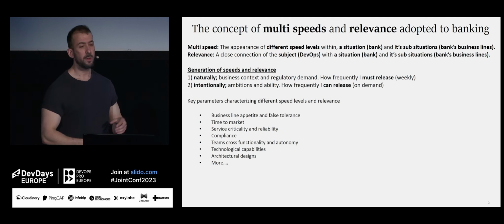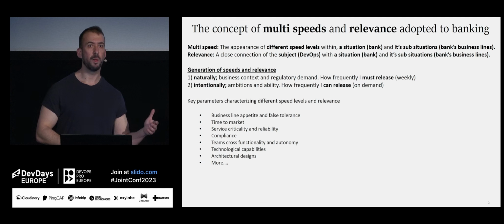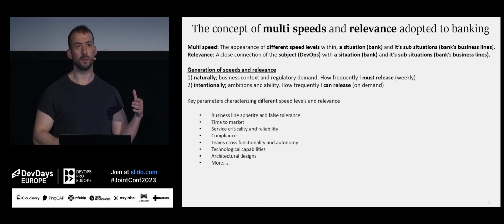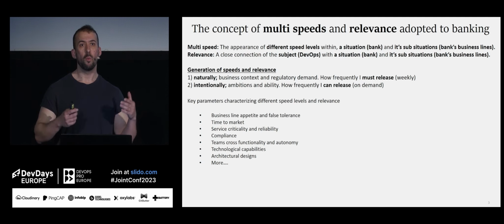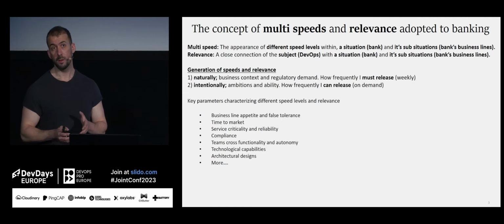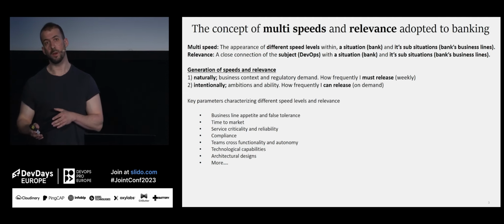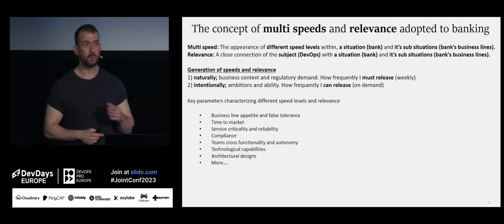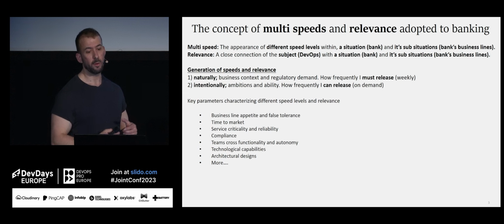And then these speeds, along with other parameters, provide the term of relevance as well. So what is relevant, considering the subject, which is DevOps, to the situation, which is a bank, and to sub-situations within a bank.